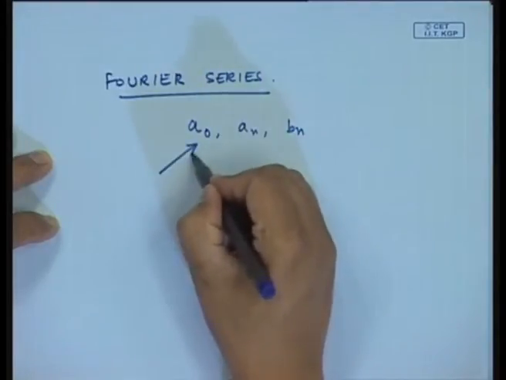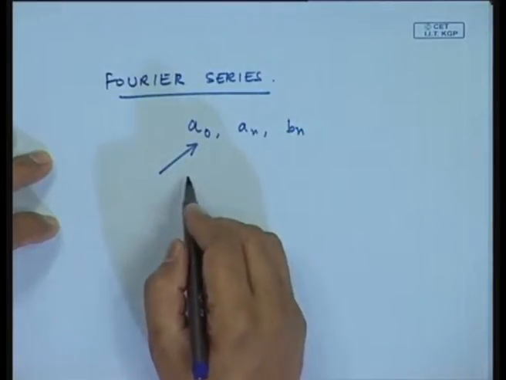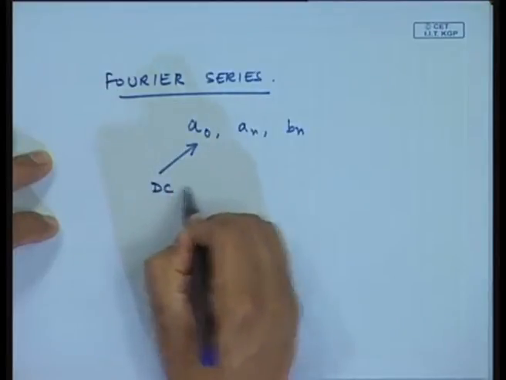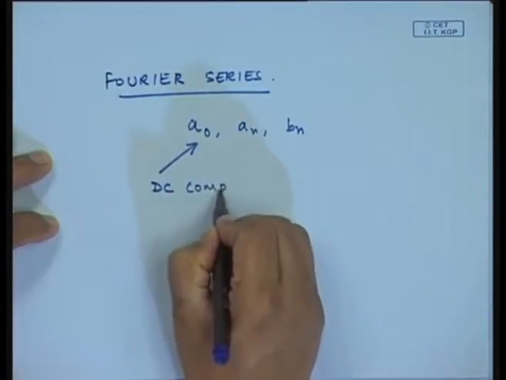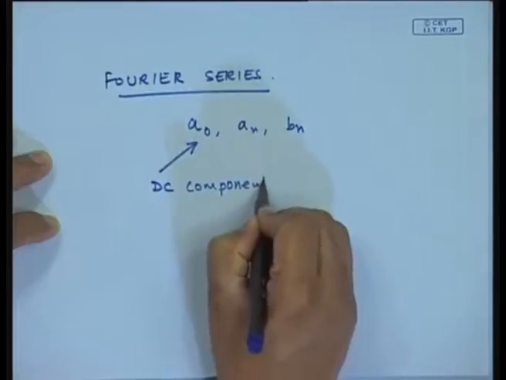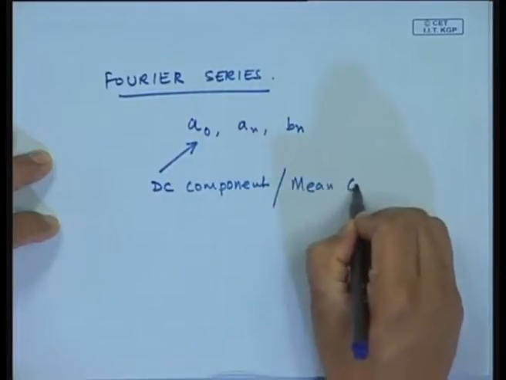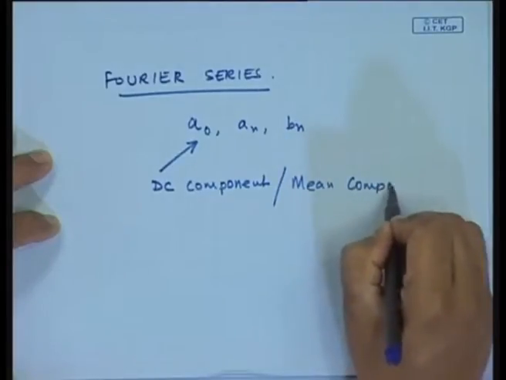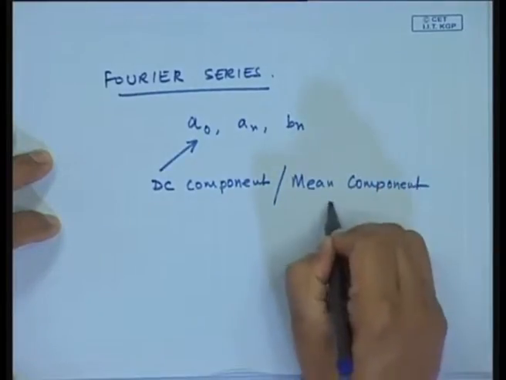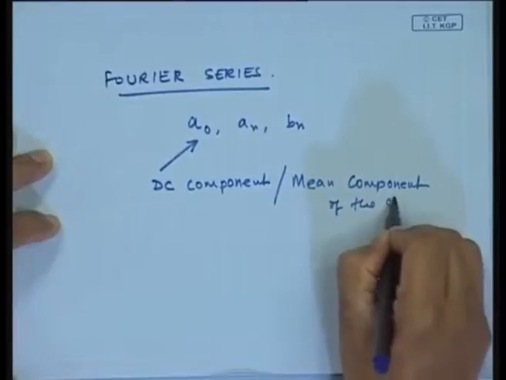So, A naught is actually independent of frequency, and this is known as the DC component of the signal, or what is known as the mean component of the signal.